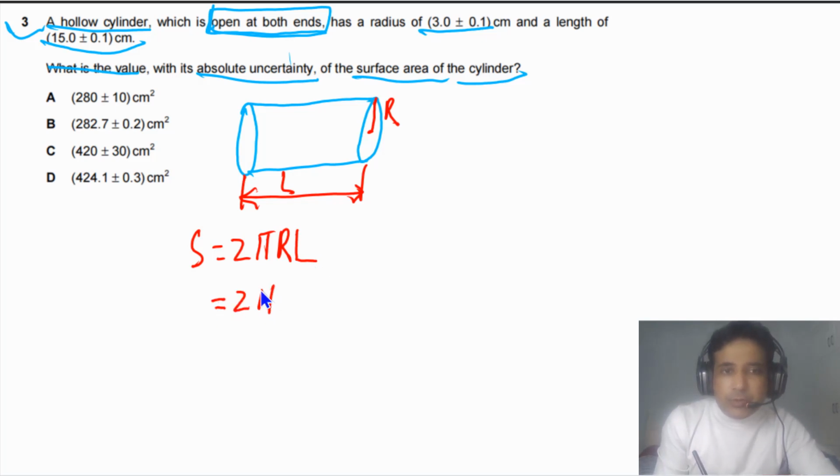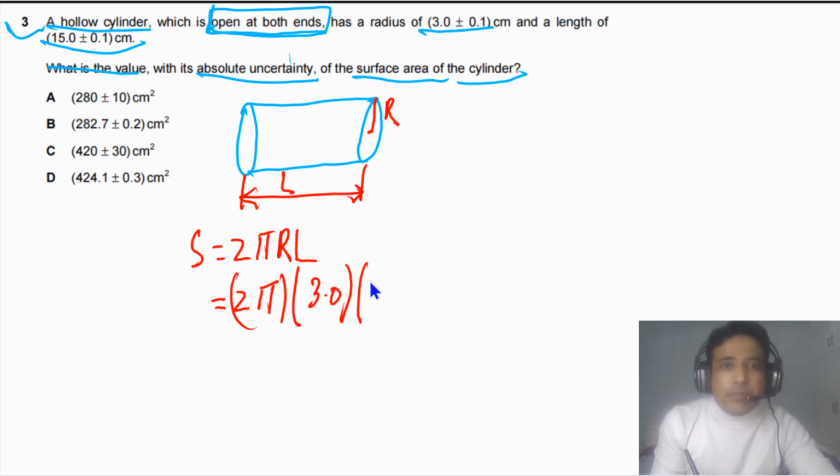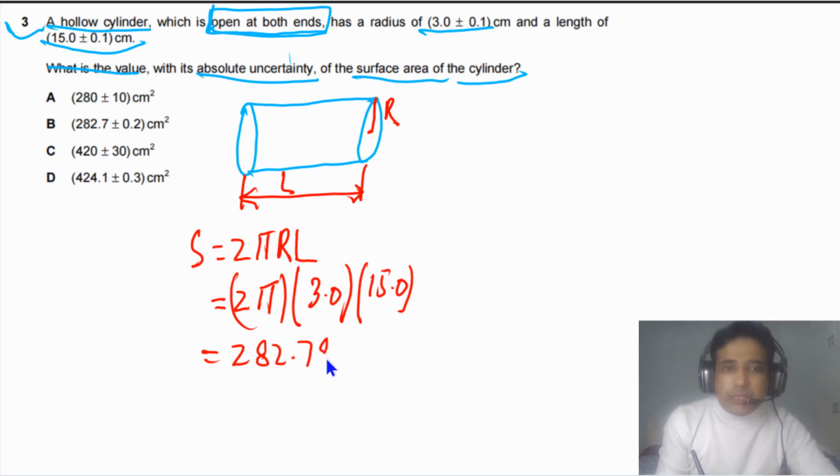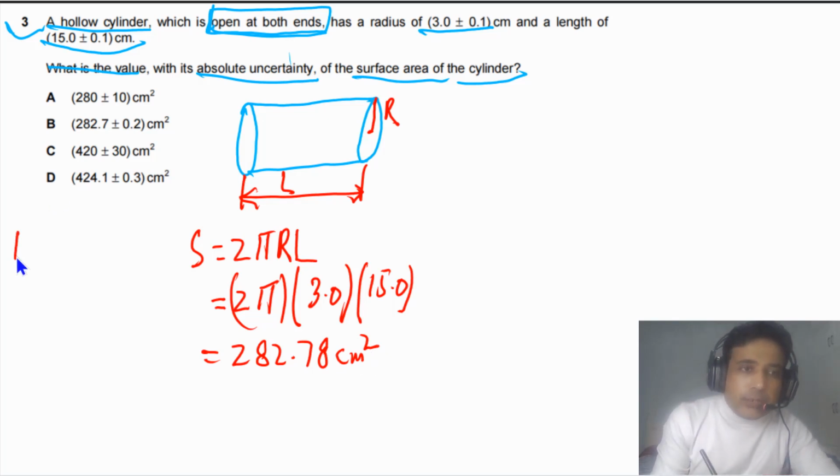Now simply we need to plug in values. We have 2 pi, r is given to us, that is equal to 3.0 centimeters, and L is given, that is equal to 15.0 centimeters. Now if we multiply this, we will get 282.78 centimeter square. So this is the value of surface area. Now we need to calculate the absolute uncertainty of surface area.